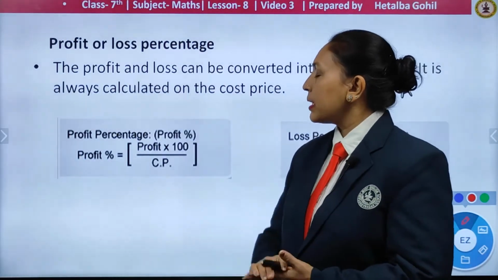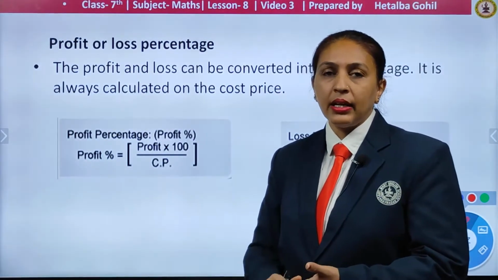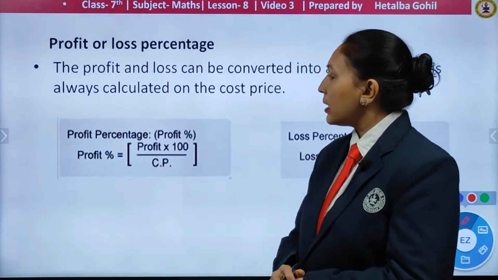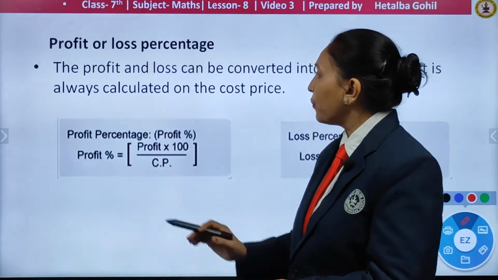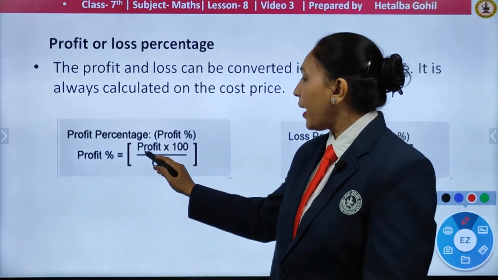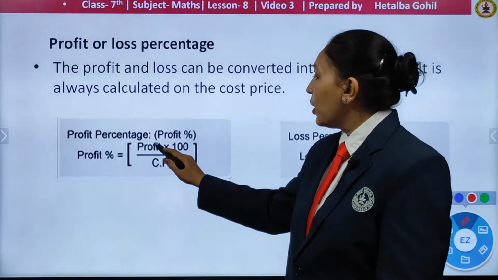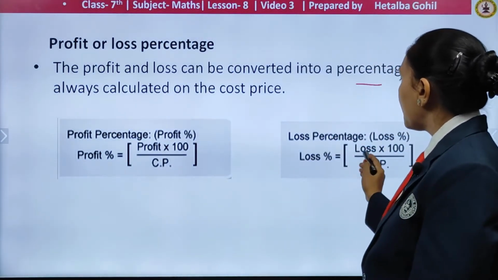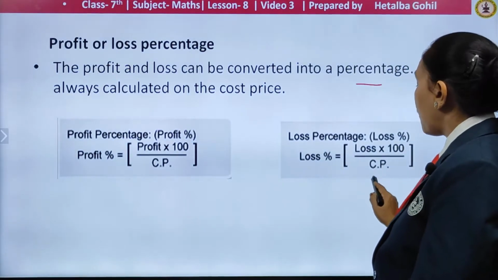Now, profit or loss percentage. In the previous slide we saw that either we got an increase or a decrease, then how to find that percentage? If we want to find profit percentage, children, we have a simple formula to apply here: profit into 100 upon cost price, and if it is loss percentage, then loss into 100 upon cost price.